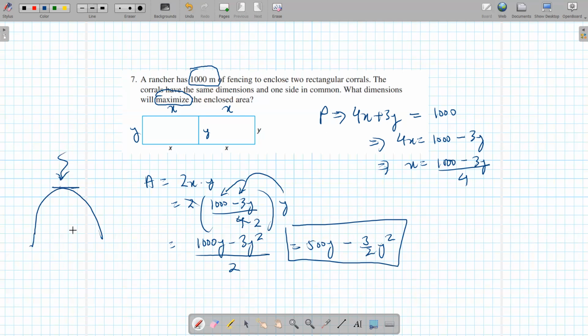So to find that, we need to first find the slope function, which is just the derivative, A prime. So if this is A, what's A prime? The derivative. Yeah, so what would that be?